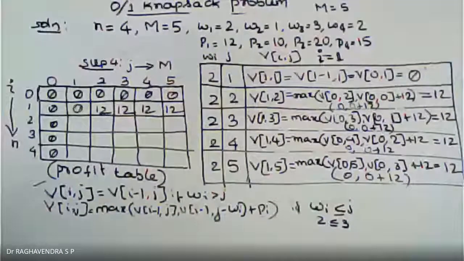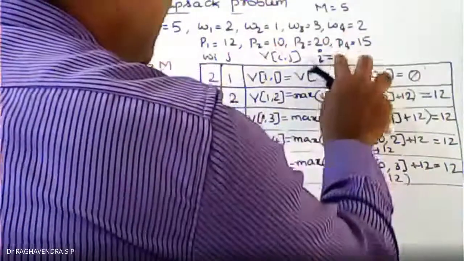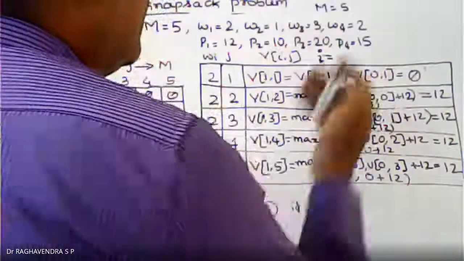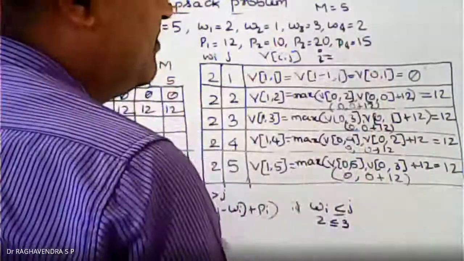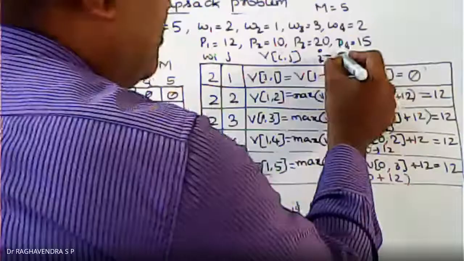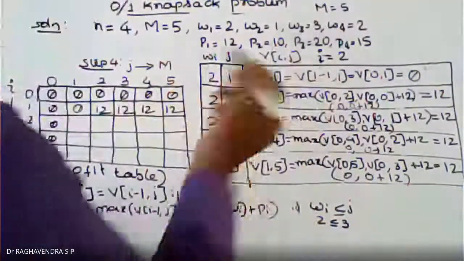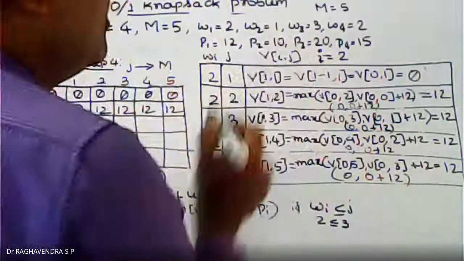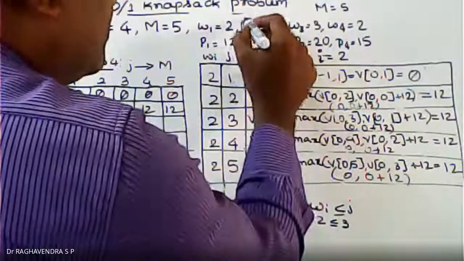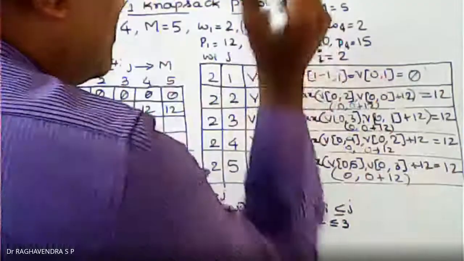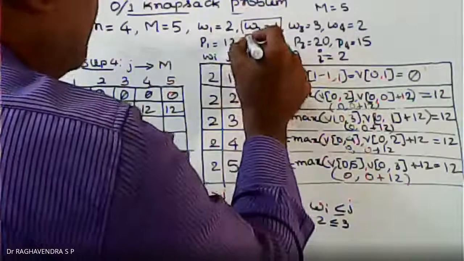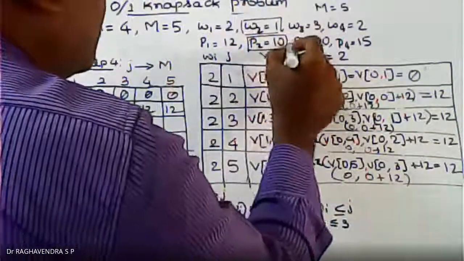Item 1. Item 1 we have inserted. So now the next item to be inserted is item 2. What is the weight of item 2? 1. What is the profit of item 2? 10.